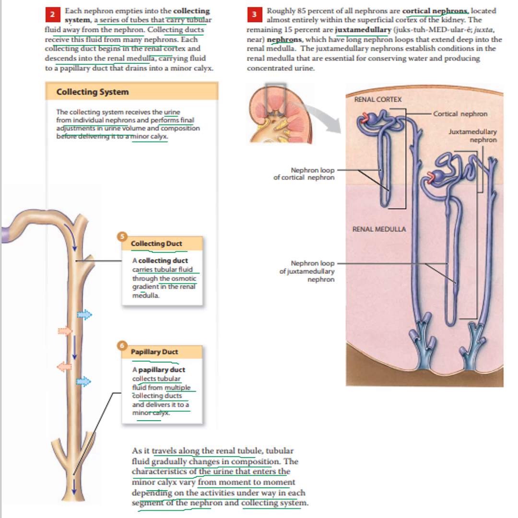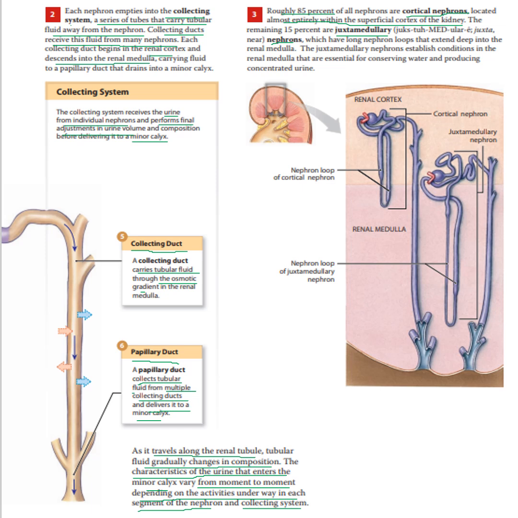The only difference between these is that the cortical nephron is entirely present in the cortex, and the juxtamedullary nephron is present in the cortex as well as the renal medulla. So, roughly 85% of nephrons are cortical nephrons, located almost entirely within the superficial cortex of the kidney.